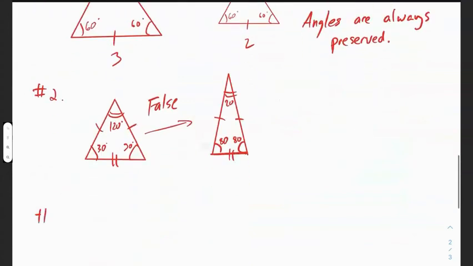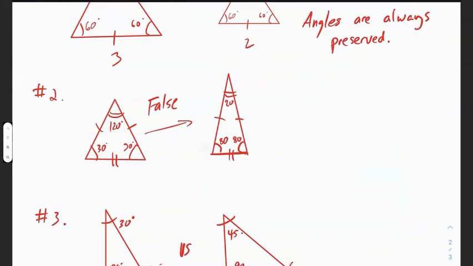Okay, that's definitely false, only because I know of 2 specific right triangles. I know of a 30-degree, 60-degree, 90-degree right triangle versus the good old-fashioned 45, 45, 90 triangle.